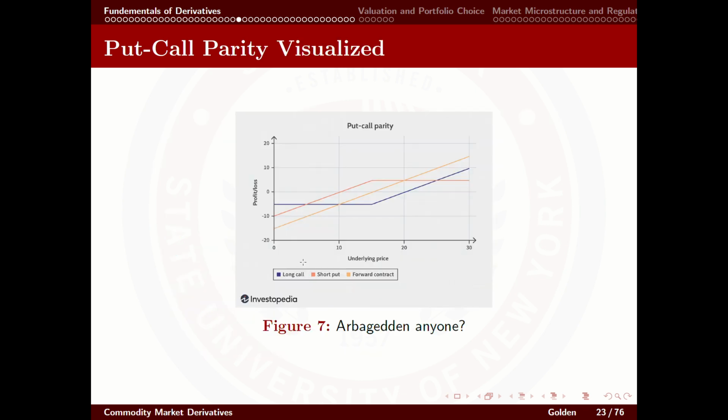Here it is visualized. Blue is the underlying price of a long call and the profit and loss. So it increases as the underlying price increases, because it's in the money. As the price of the asset increases, your option is more likely to be in the money.